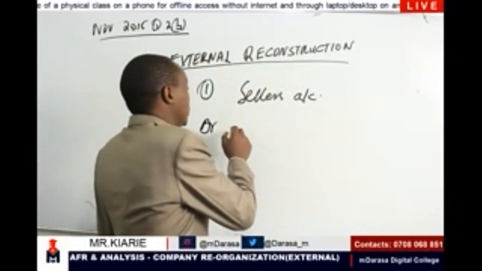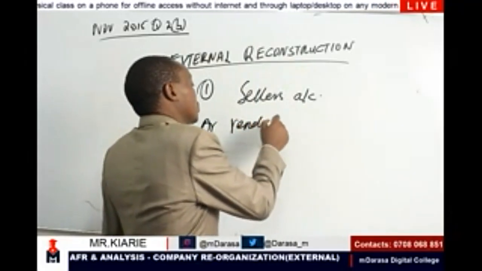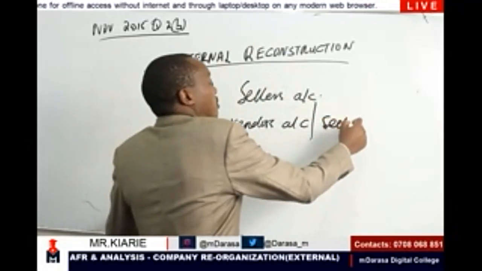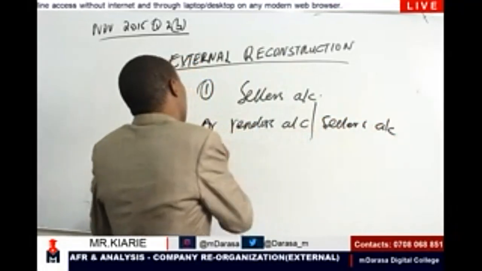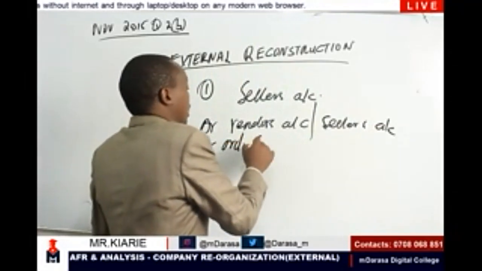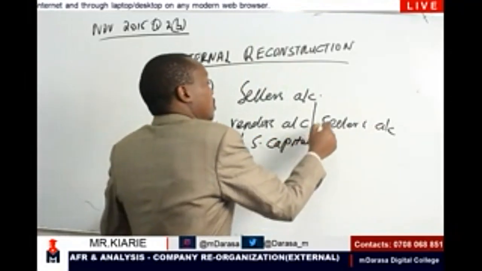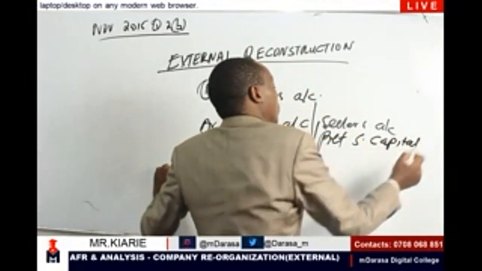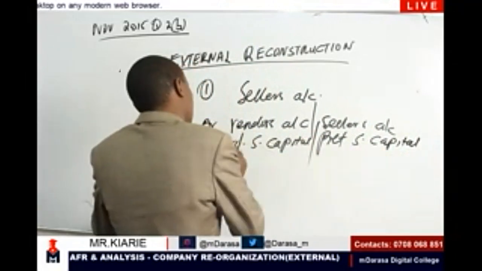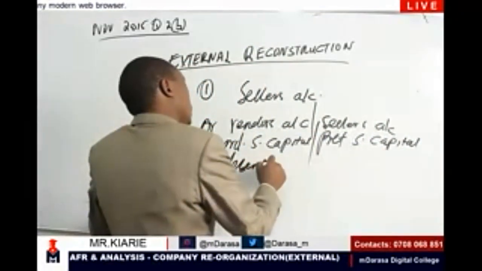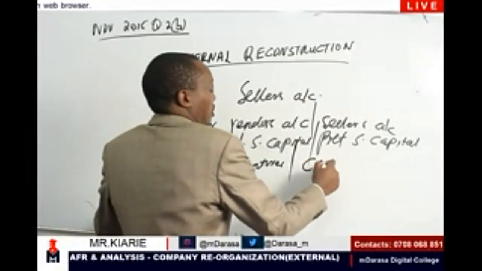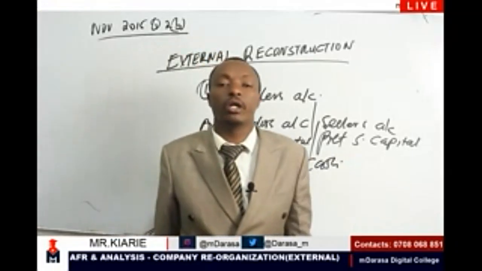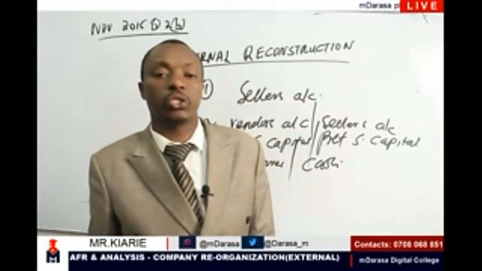Debit vendor's account, or rather the seller's account. Credit ordinary share capital, slash preference share capital, slash debentures, slash cash, as the case may be, depending on how the purchase consideration has been settled.